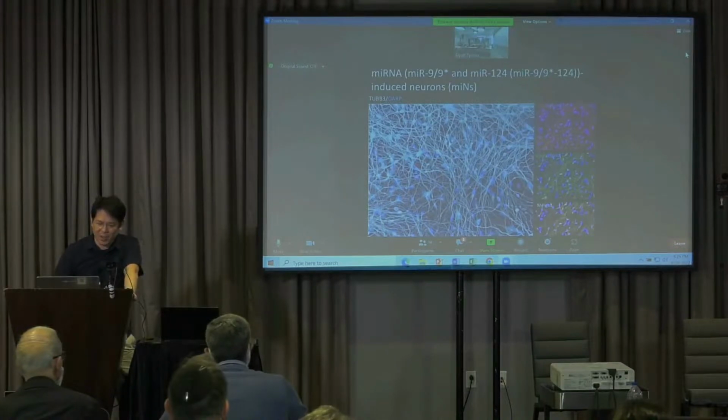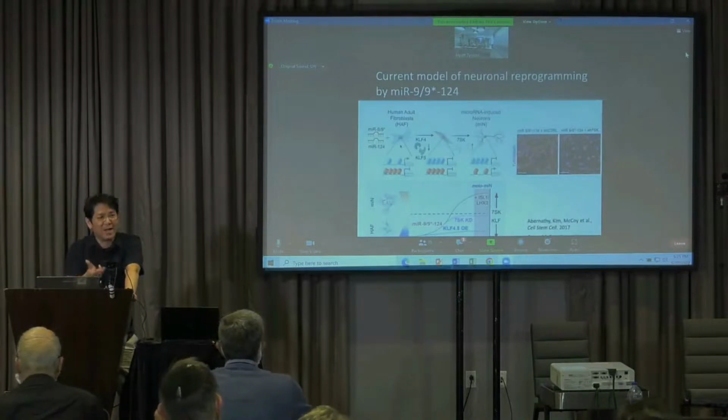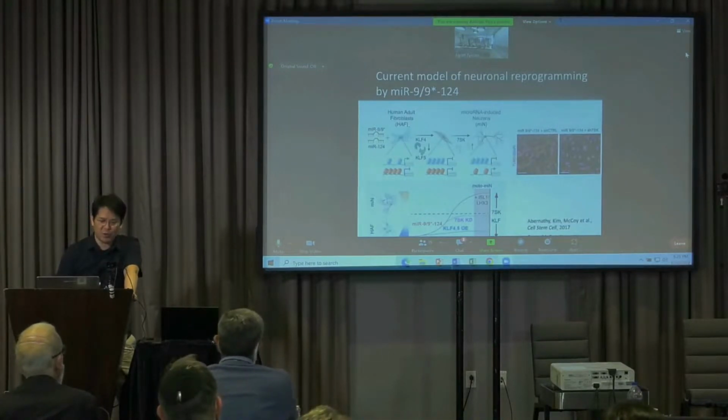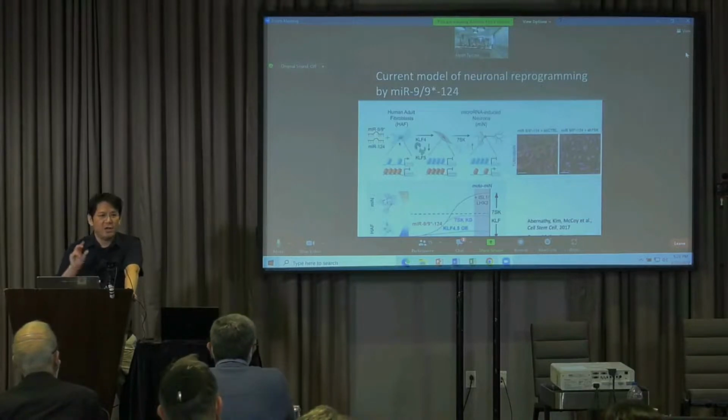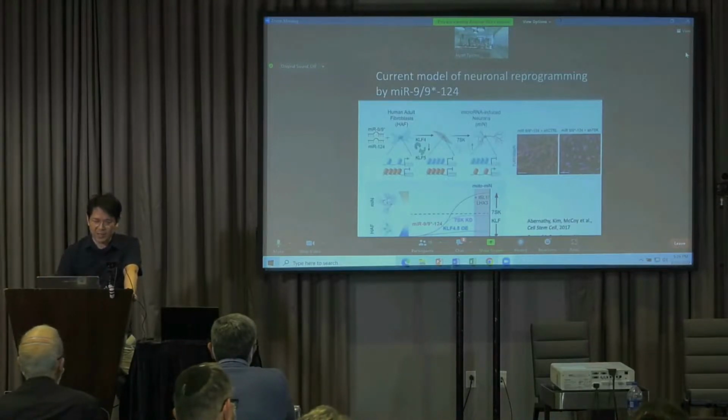What's interesting about this process, which we call microRNA-induced neuronal reprogramming, is that if we look at the fundamental aspect of this fate conversion, we go down to the chromatin level. In response to these microRNAs being expressed in human adult fibroblasts, it induces the closure of chromatin accessibility that's important for keeping fibroblasts as fibroblasts.